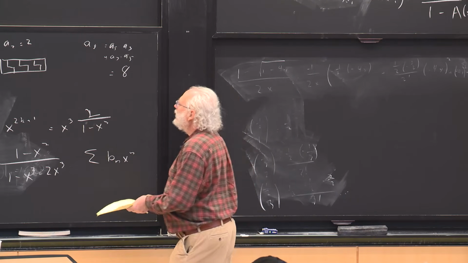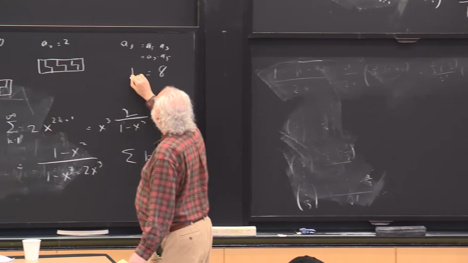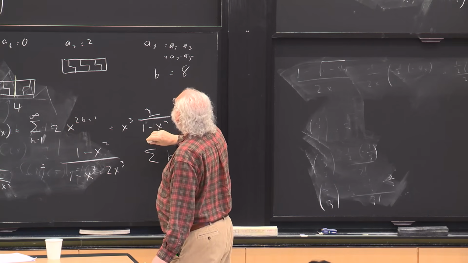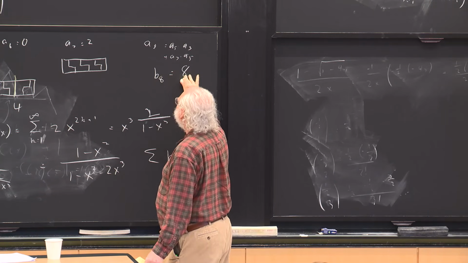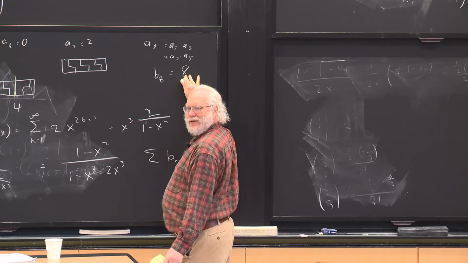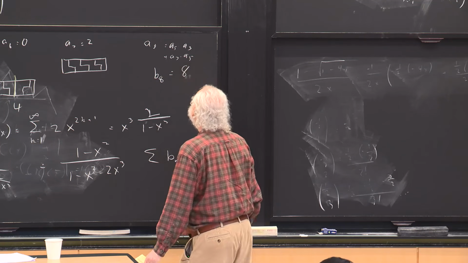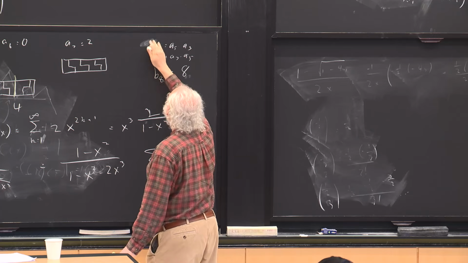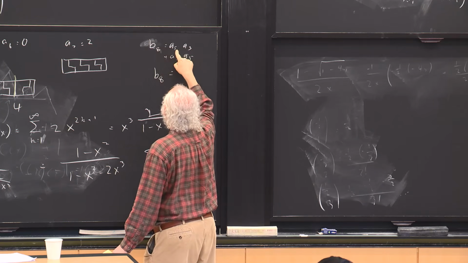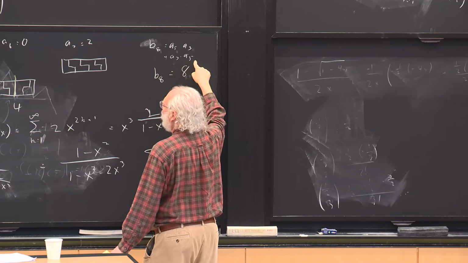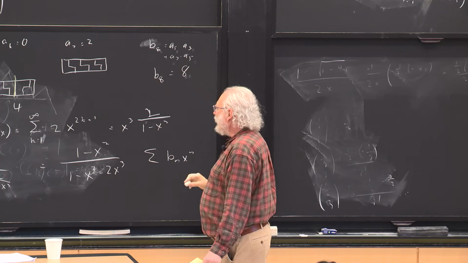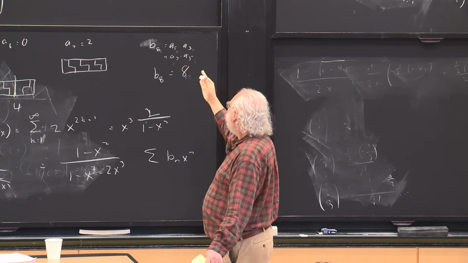Oh, yeah, right. B8 equals 8. Thank you. So it's not A8. A8 equals 0. Okay, yeah, so this is B8 equals A5 times A3 plus A3 times A5. I'm sorry about that.